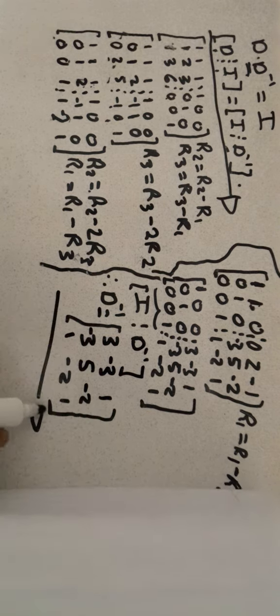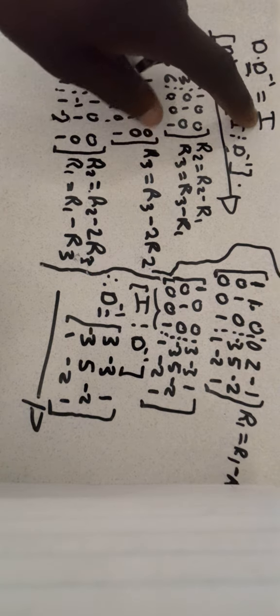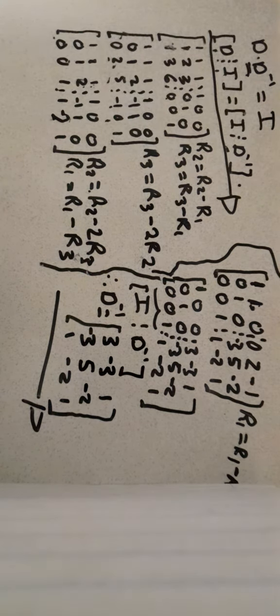You can verify that this matrix indeed is the inverse of D by multiplying and checking whether you will get an identity matrix or not. So that's how we can do it.